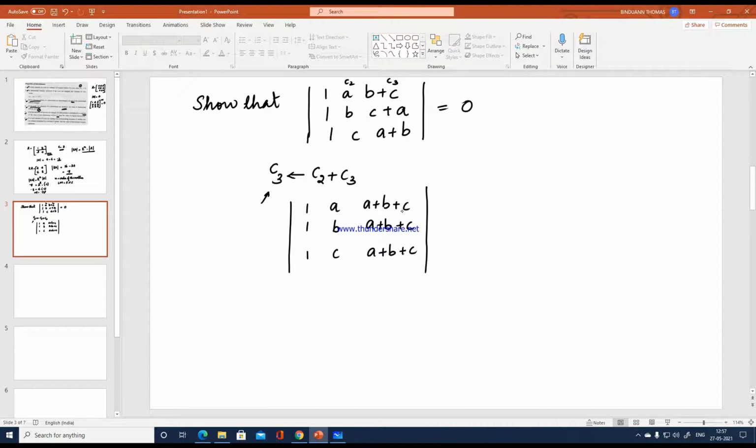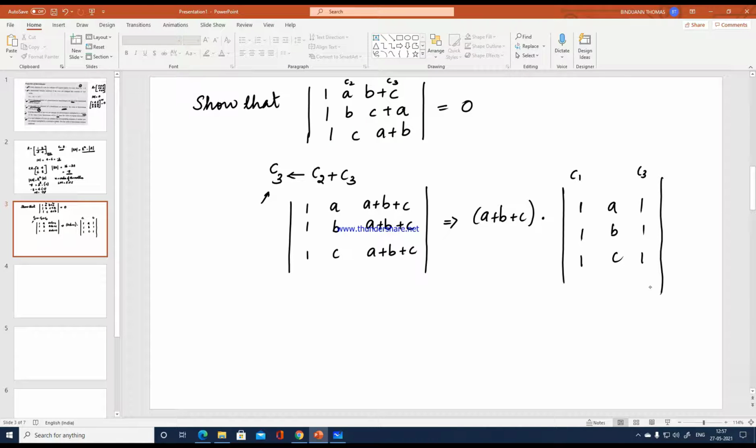So A plus B plus C is common to all entries of the column right now. So I'll take A plus B plus C outside, so that the determinant has columns 1, 1, 1; A, B, C; again 1, 1, 1. We can see that column 1 and column 3 are identical.